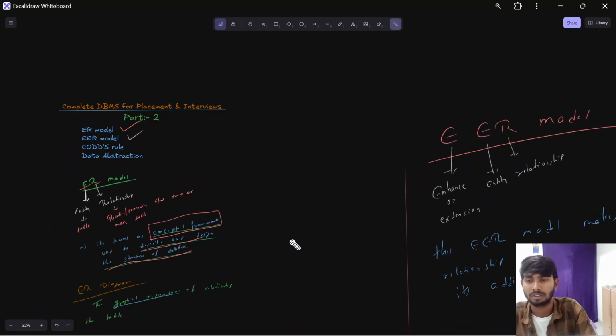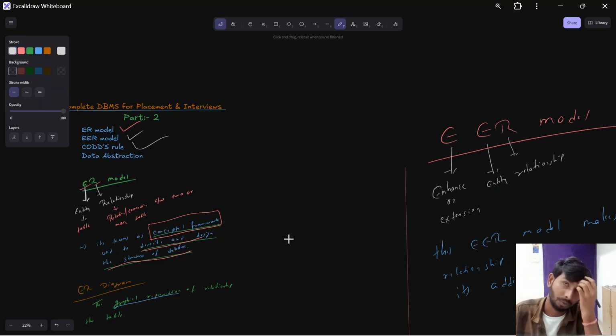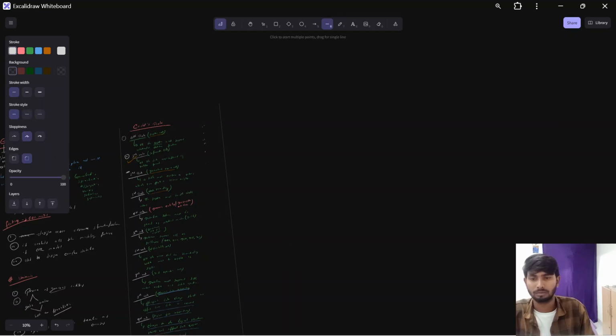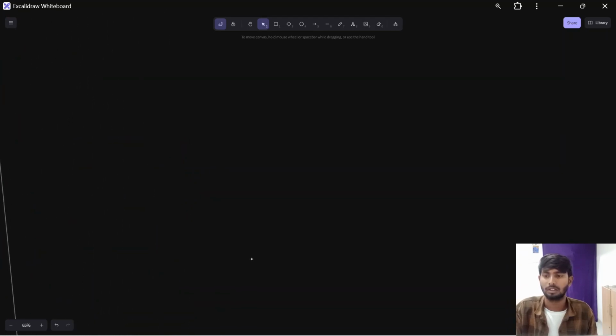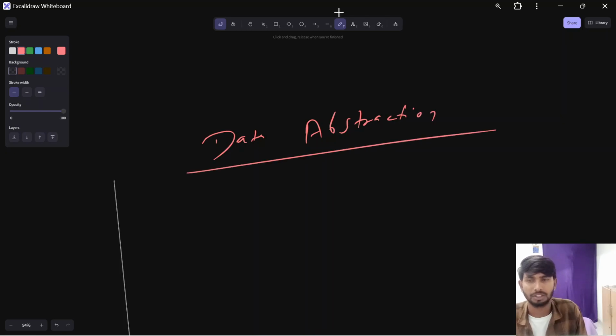Now we have the last topic, data abstraction. Data abstraction is what we learn in the EER model, like specialization and aggregation.